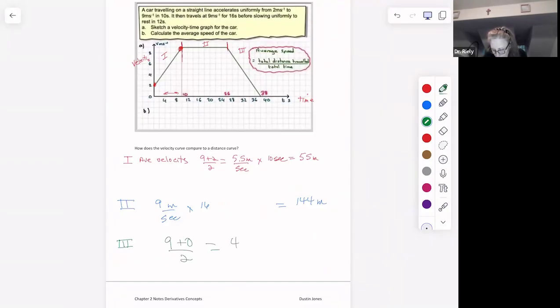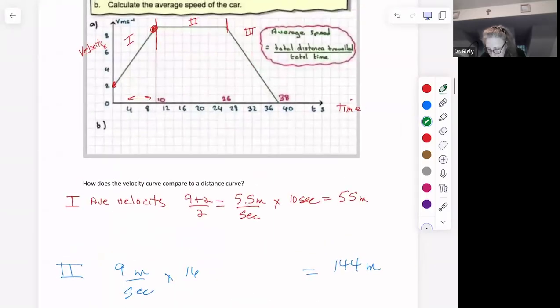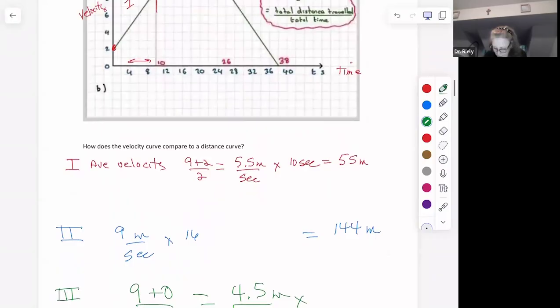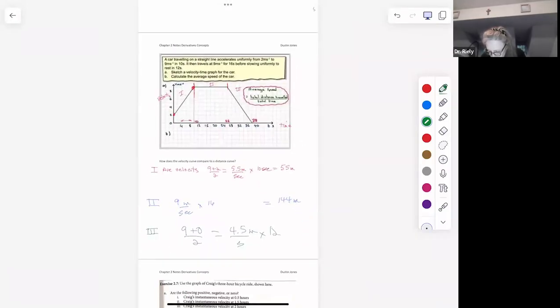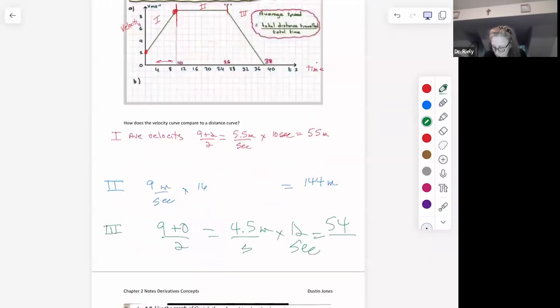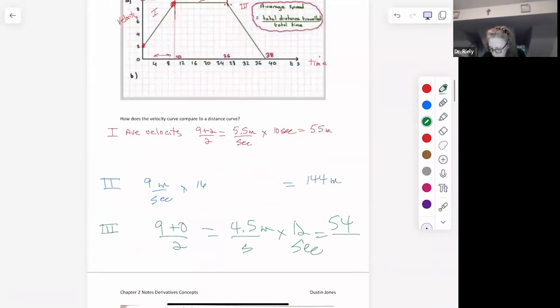So that gives me 4.5 meters per second times, this time it's going to go from 26 to 38. So that's going to be for 12 seconds. So that's going to give me a distance of 54. So I've gone in total 253 meters.